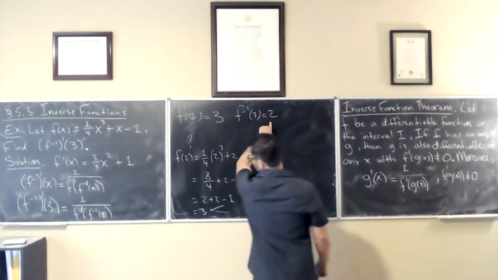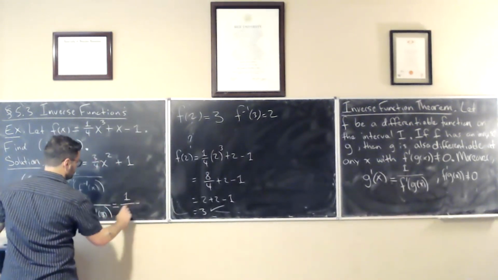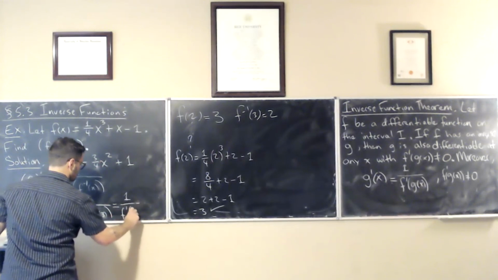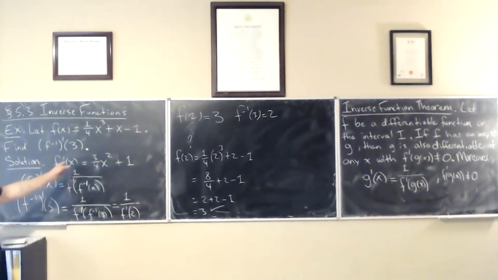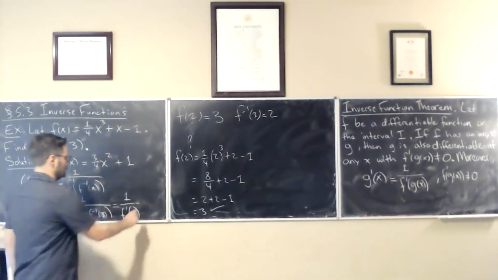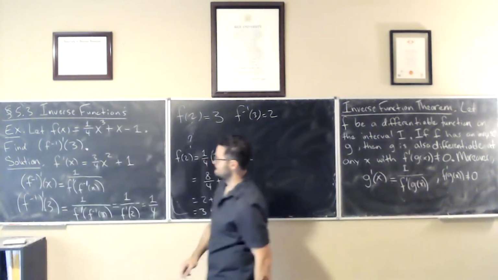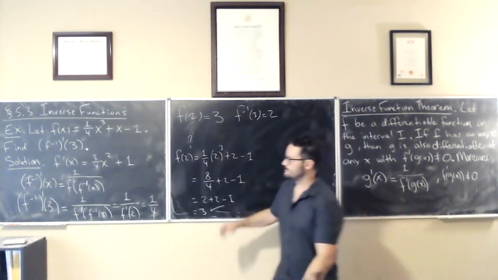F inverse of 3 is 2. And f prime of 2 is what? 4. So this is 1/4. And that's it.